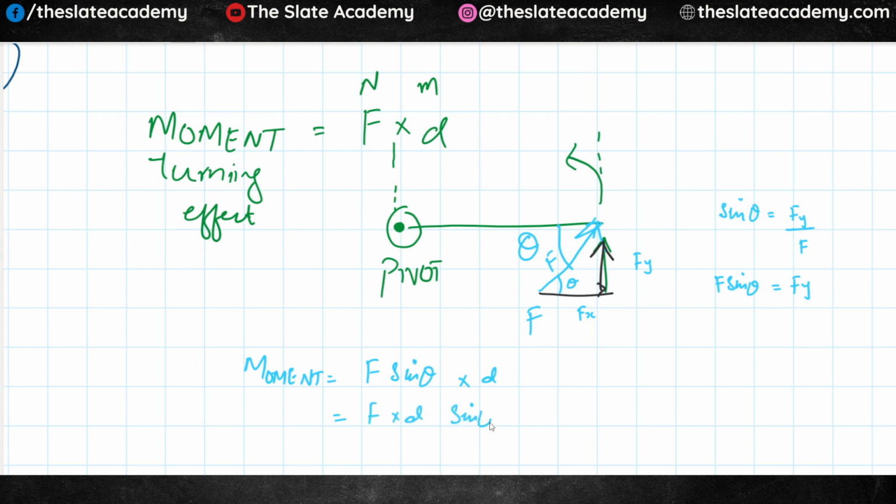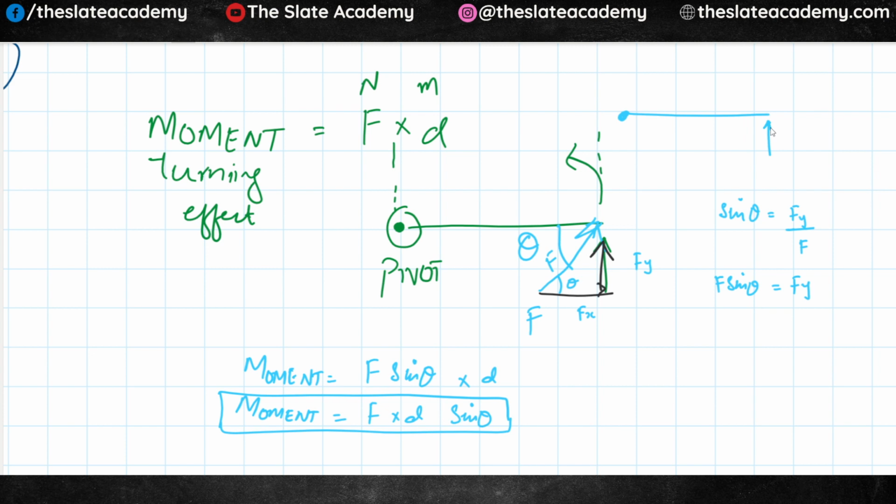You would remember that in the regular classes I also asked you whether this formula would work if the force was applied at 90 degrees, the initial case with a rigid body, a pivot, and the force applied at 90 degrees.